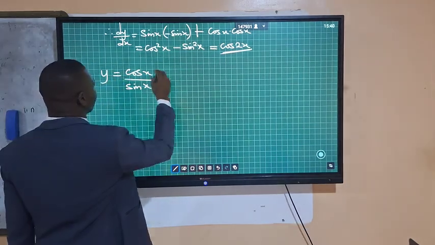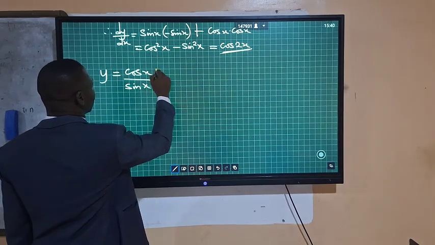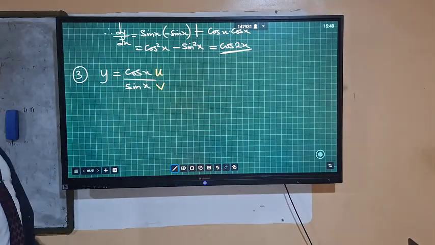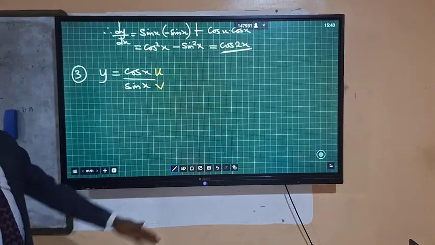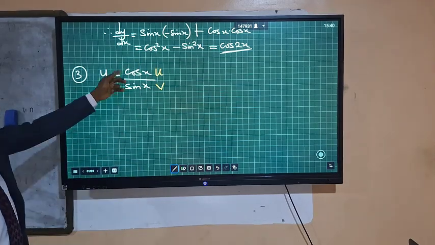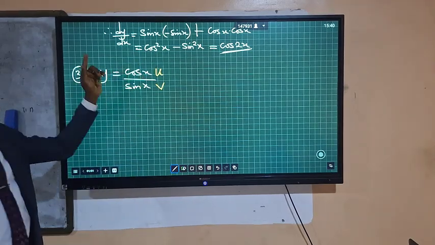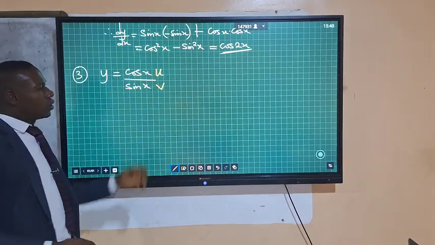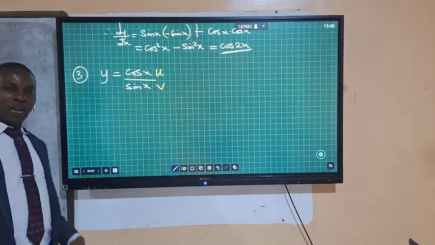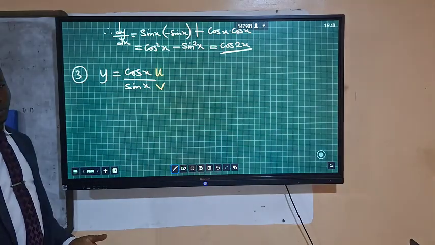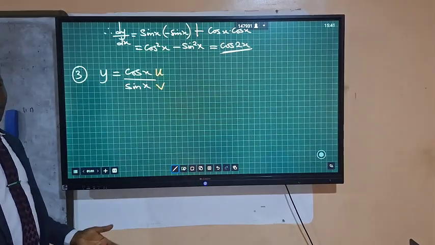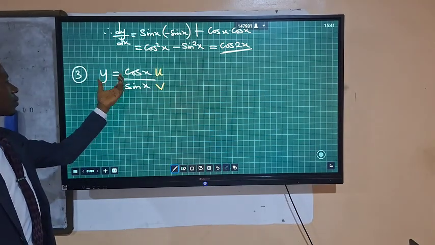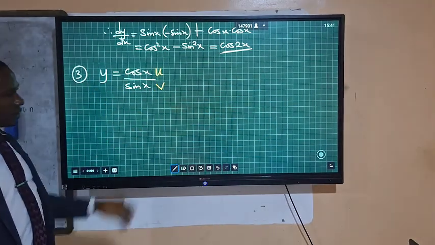So in this case, I will call this u, call this v. Okay? I will use the longer method to show you the steps in differentiating using the quotient rule. After which, I will still adopt the shortcuts without necessarily wasting time in solving simple calculus like this.